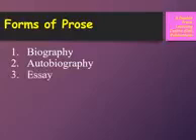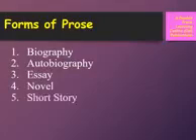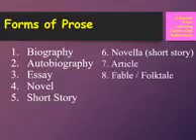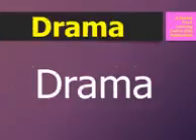The essay, novel, short story. You can have the novella, which is a short story, like the novel, but not voluminous enough. Novels are usually more voluminous compared to the novella. You can have the article, the fable, then we can have the folk tale.